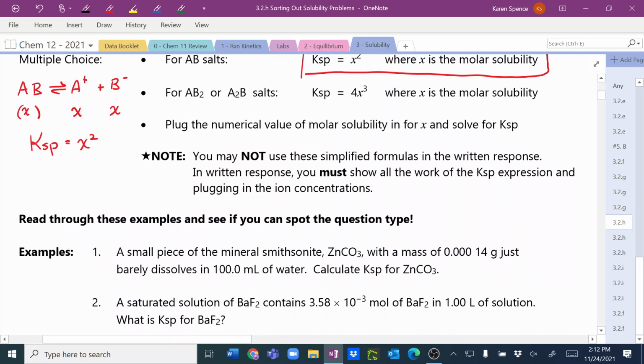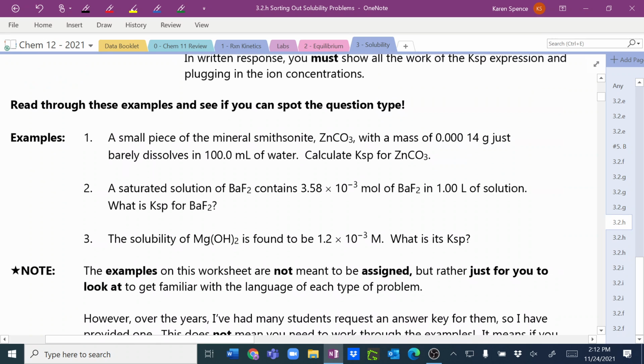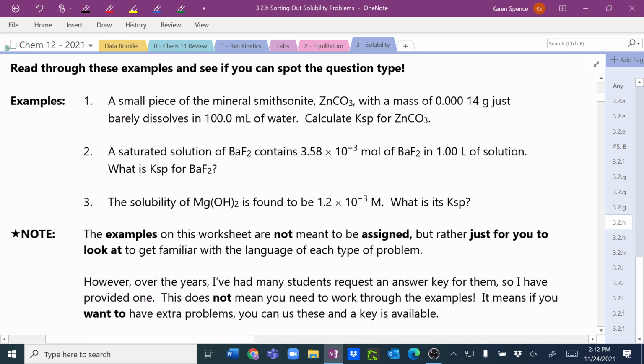There are some examples down here at the bottom, and I want you to see if you can spot the question type. Can you tell that these are a find the Ksp kind of question? And remember, this is the easy one.